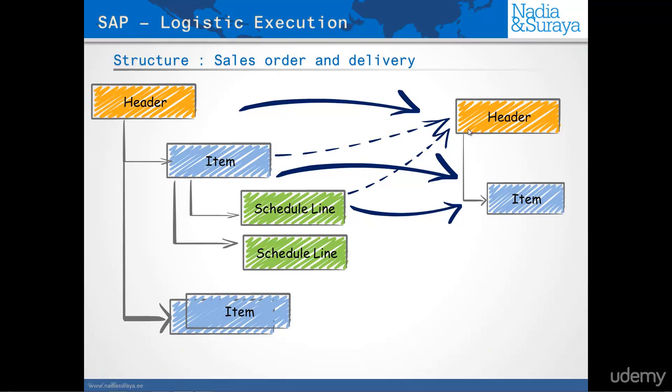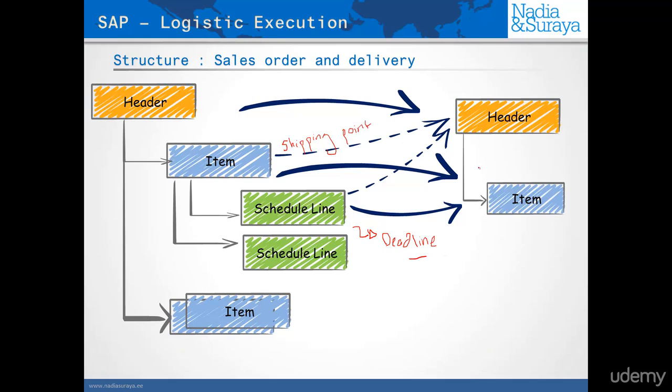Okay, but also we have item values that are copied to the header of the delivery, and schedule line values that are also copied onto the header. So what are they? Why are they copied over? For example, the shipping point is copied from the item level into the header level of the delivery, and it's a way of grouping particular items together in one delivery header.